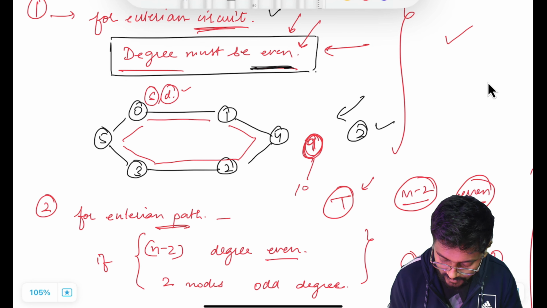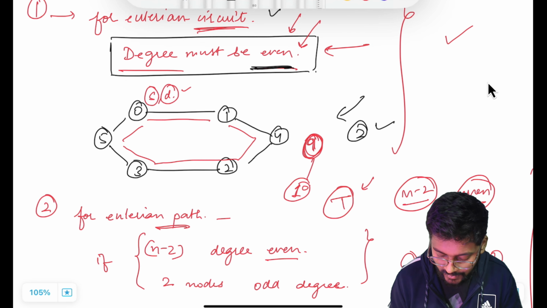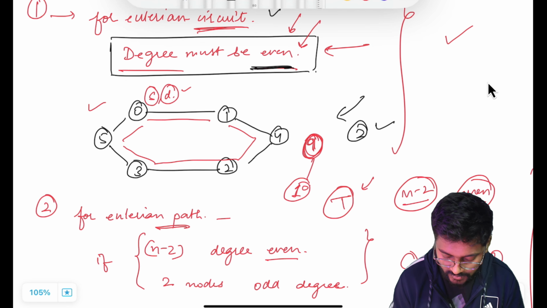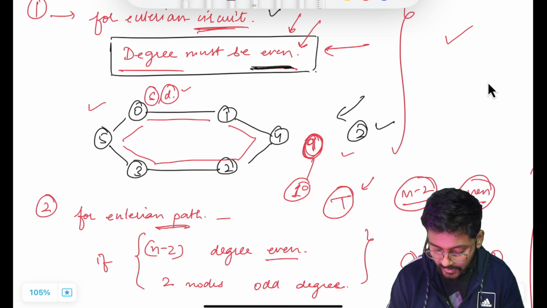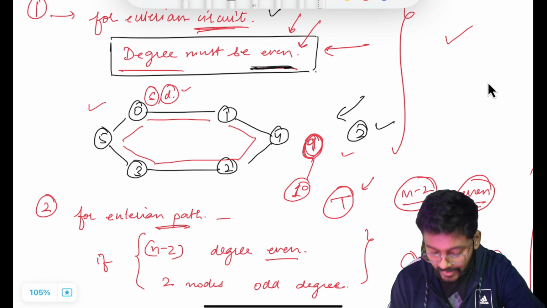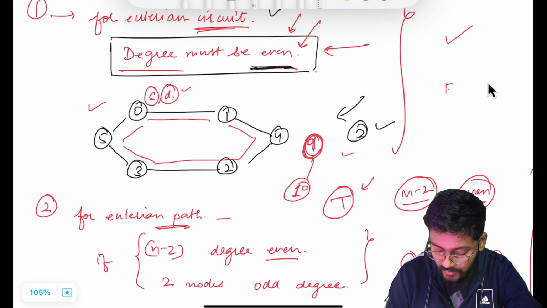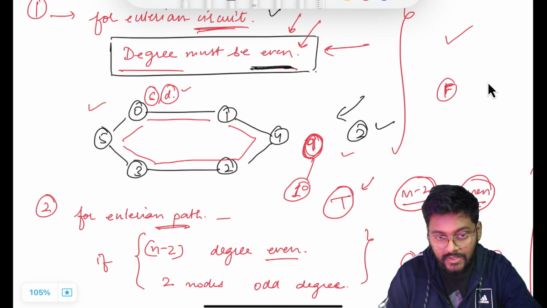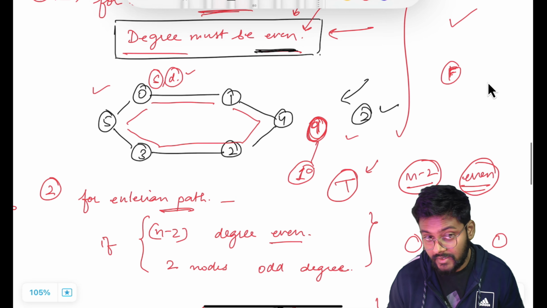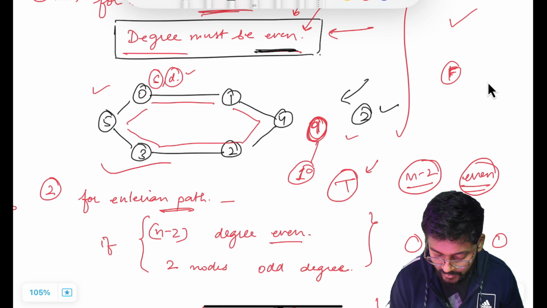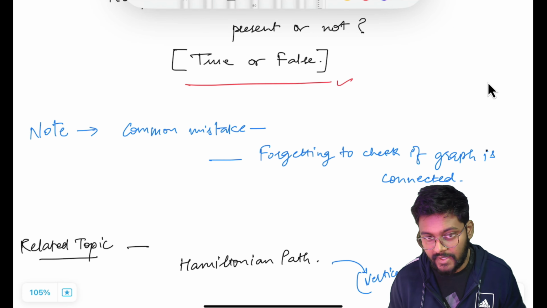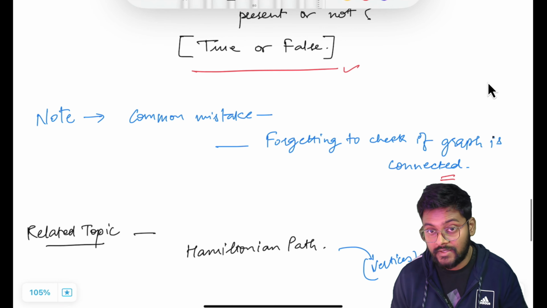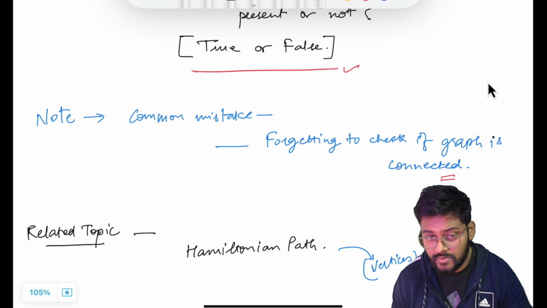But let's say 9 and 10 are attached and are also part of this graph, and we process this part and forget to process the other part. In that case we have to return false because we are not able to cover every single edge. But here we might return true if we only process this part. So first of all we have to check whether the whole graph is connected or not, or whether there are isolated single nodes.